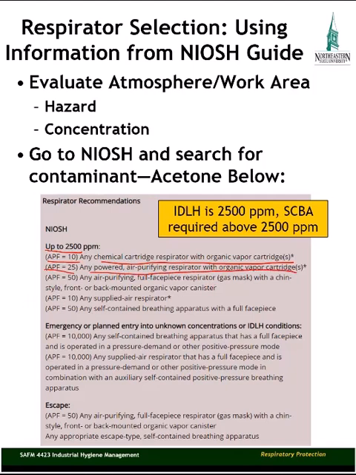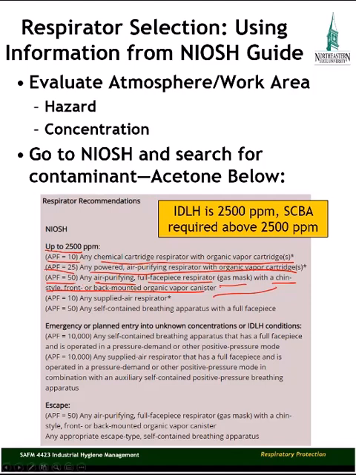Or you can go with an air purifying full face piece respirator, which, using more of a military term, is a gas mask with a chin style front or back mounted organic vapor canister. Again, air purifying full face piece, passive. That gives you an APF of 50.